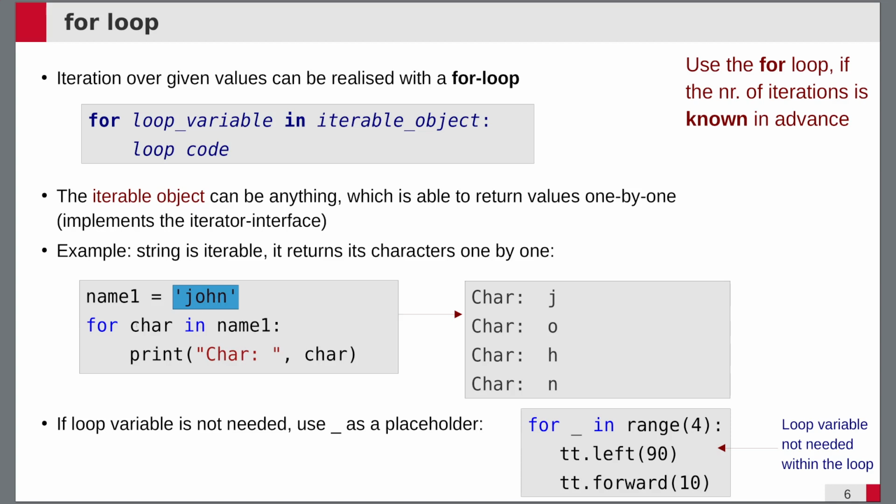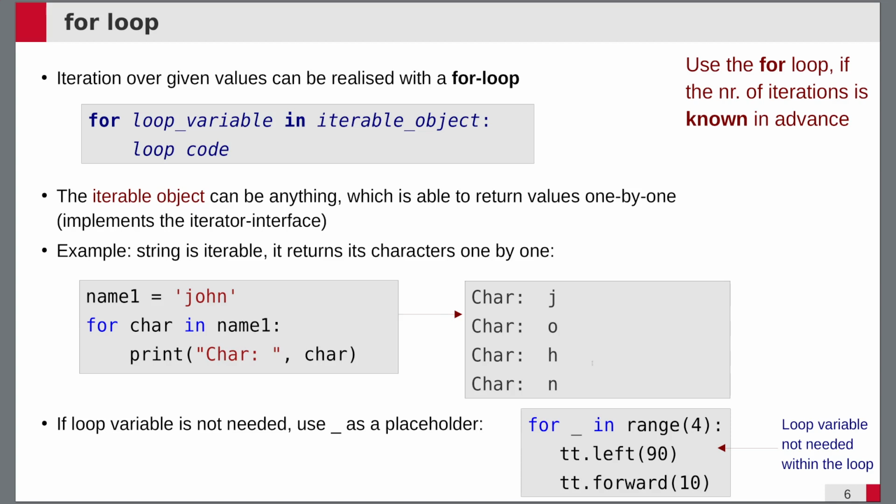So if I say, okay, take the variable car and run it over all the items contained in name1, which is the string John, then it will print out the J, O, H and N characters. So a string is an iterable object, and every iteration will give you each of the characters one by one.